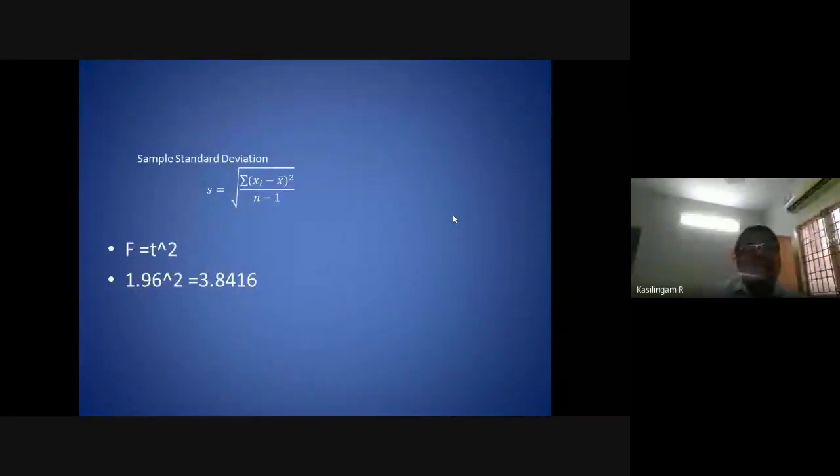So I said F is nothing but t square. We got the standard deviation, that is the sample standard deviation for that sample. The sample standard deviation formula is the square root of sigma (x minus x bar) squared divided by n minus 1 degrees of freedom.